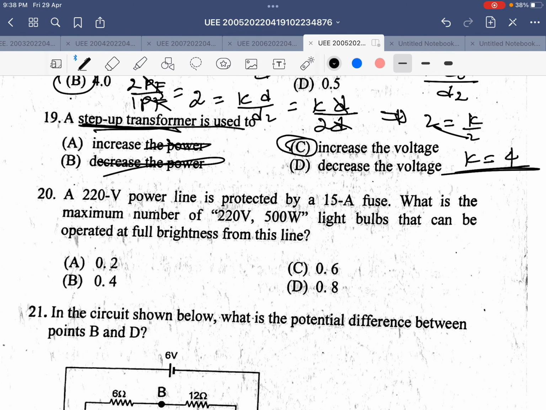Question number 20. A 220 volt power line is protected by a 15 ampere fuse. What is the maximum number of 220 volt and 500 watt light bulbs that can be operated at full brightness from this line? Okay.